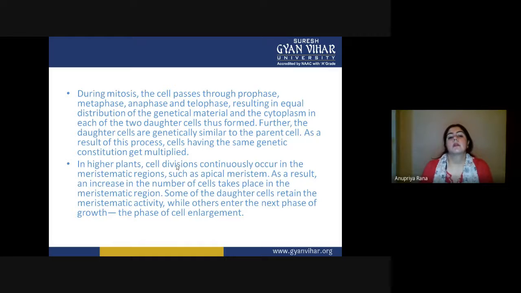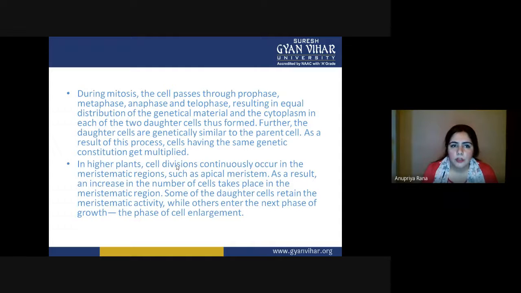If we look at the process of mitosis in a little detail, the cell passes through four phases. The very first is prophase, in which the cell starts preparing for cell division.